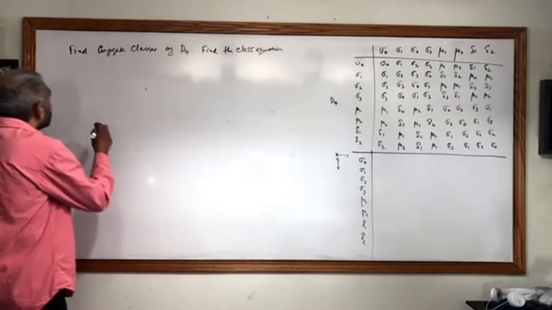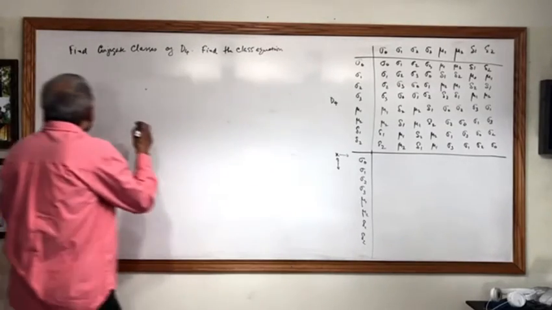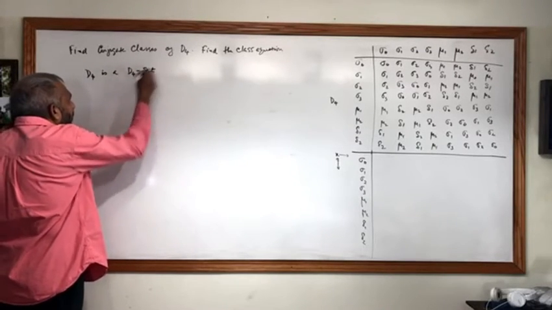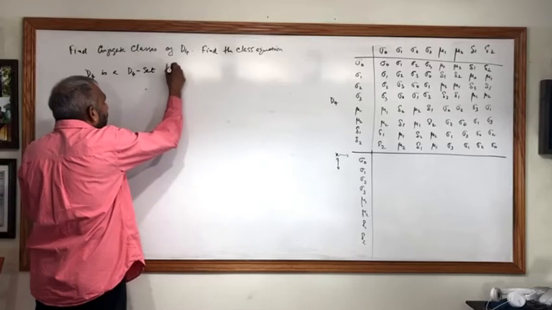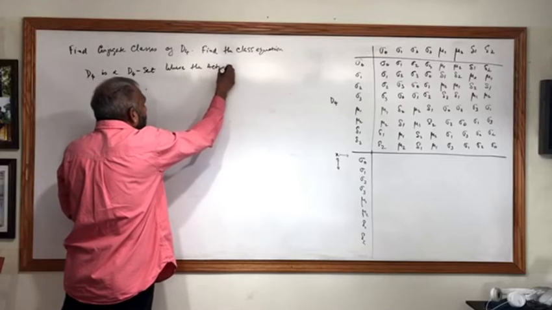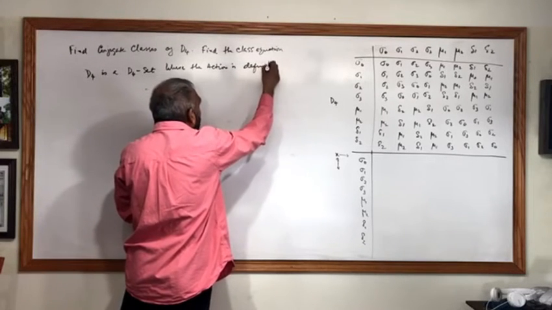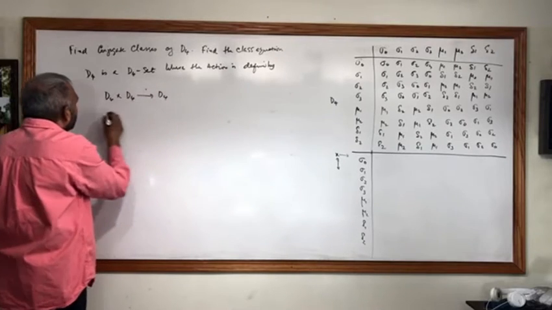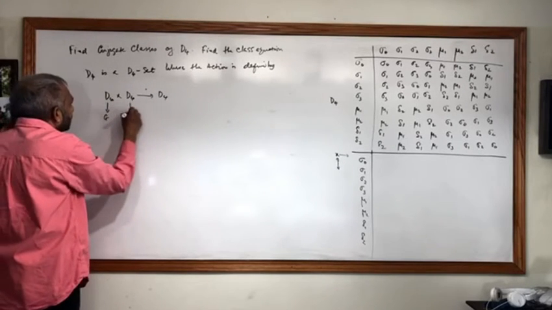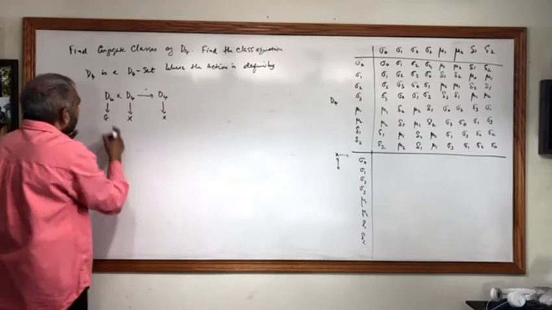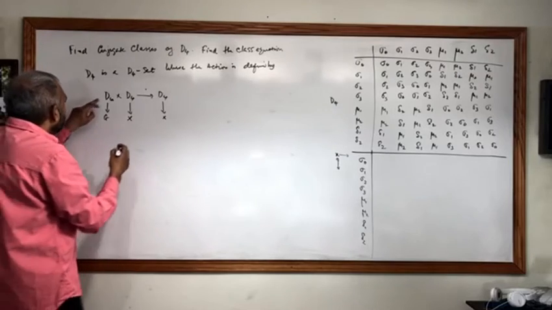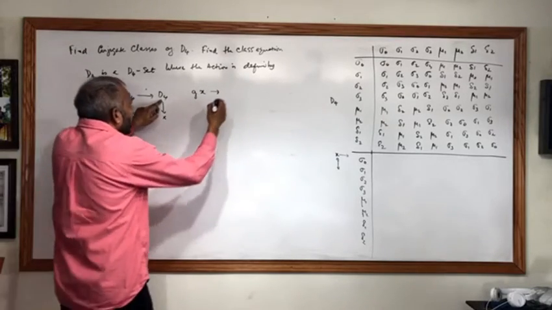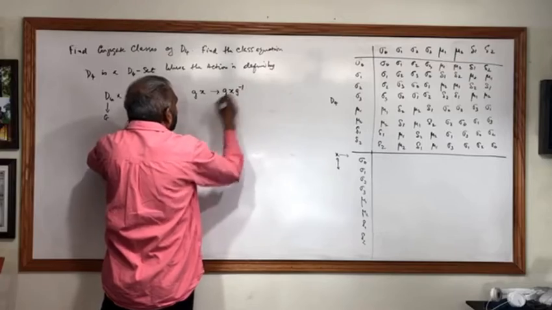So D4 is a D4 set where the action is defined by D4 cross D4 to D4, this is our G, and this is our X, defined by taking an element from here, and that goes to GXG inverse.